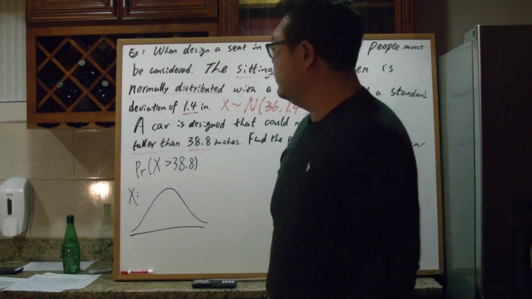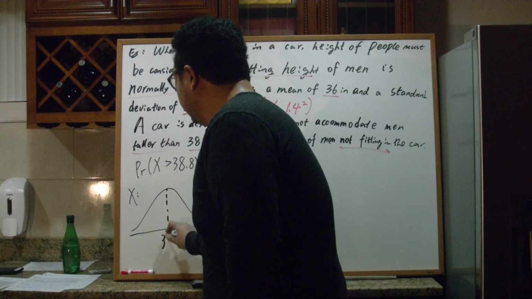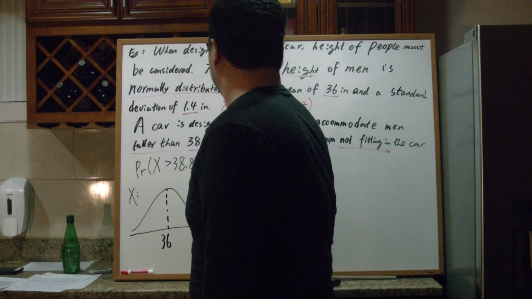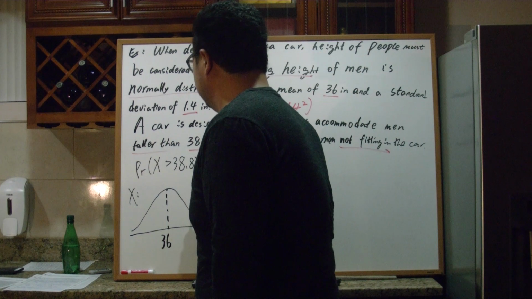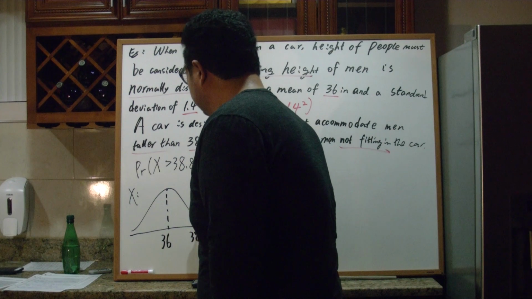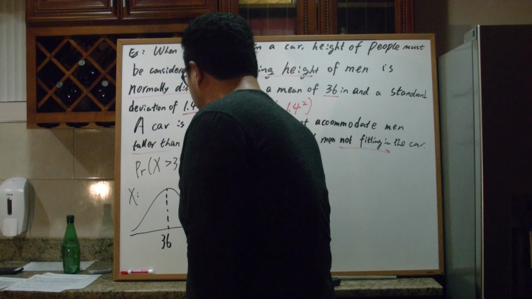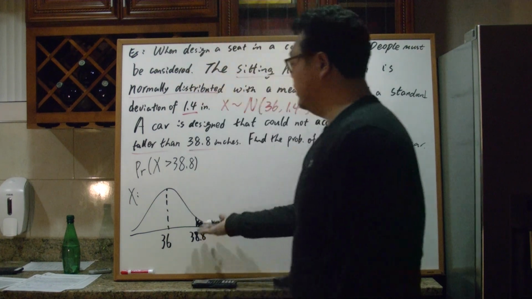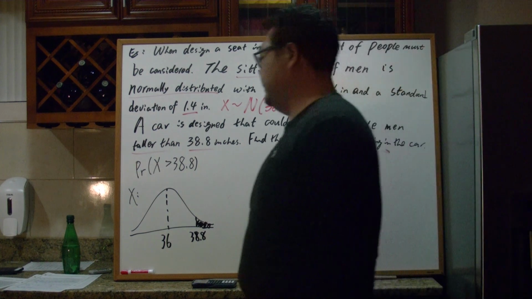The random variable is normally distributed with a mean of 36 and a standard deviation of 1.4. The value 38.8 is about here, and we're looking for this tail.